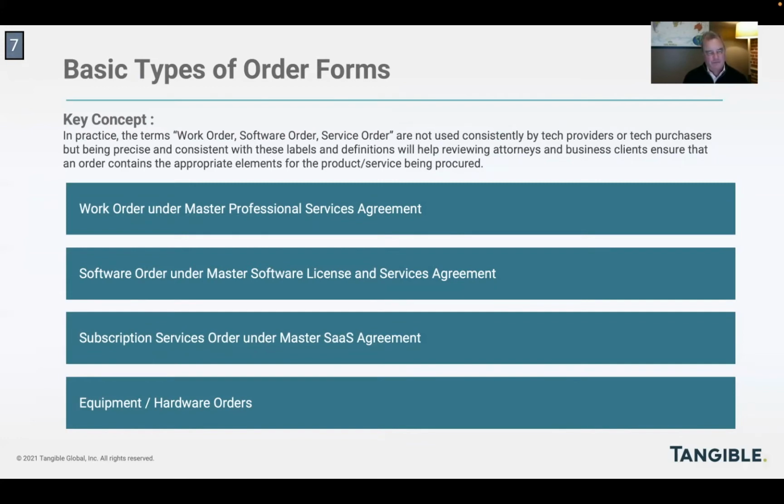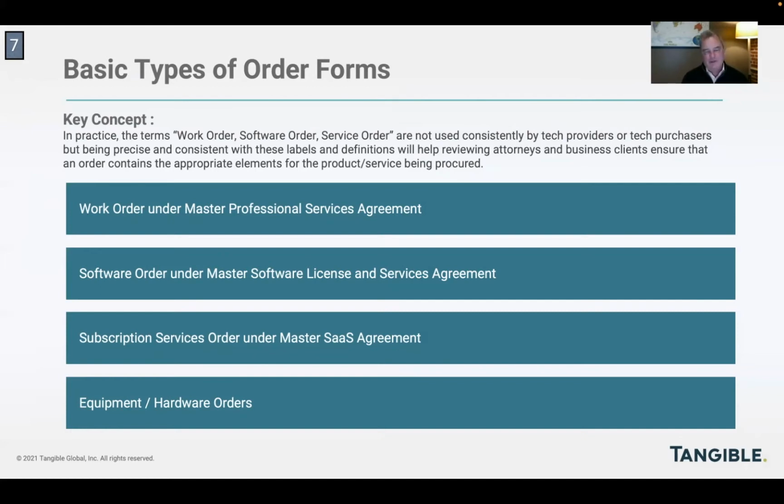The work orders under services agreements, software orders under the master software license agreements that the client has entered into with software vendors, subscription service orders under the master SaaS agreement portfolio, and lastly, equipment hardware orders.